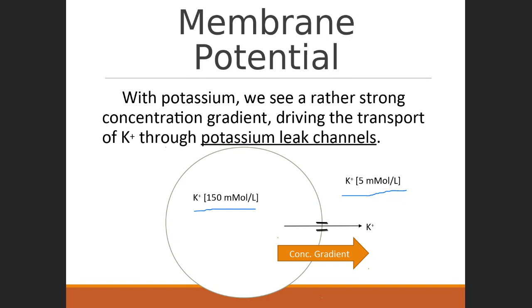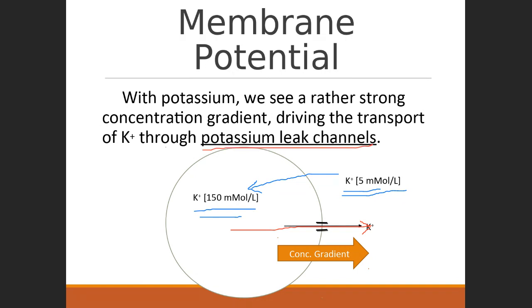So we may be pumping potassium in using our sodium potassium pump, but by creating this concentration gradient, that potassium is always going to be fighting diffusion in the opposite direction. It is going to diffuse back in the opposite direction through what they call potassium leak channels.